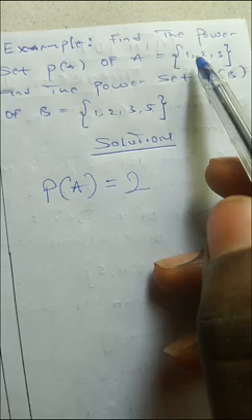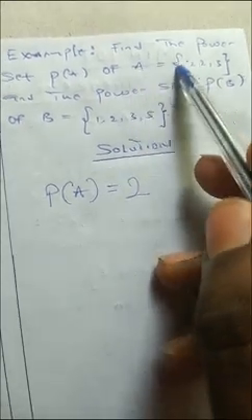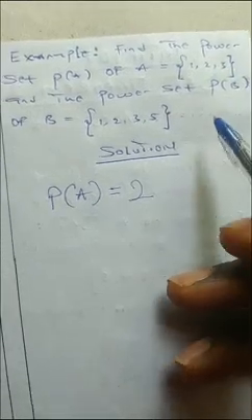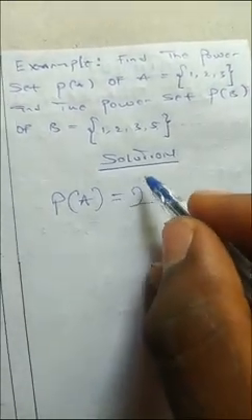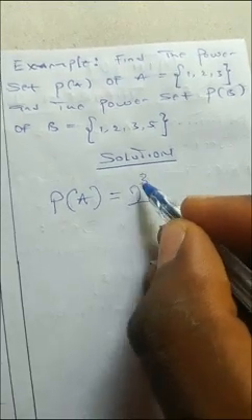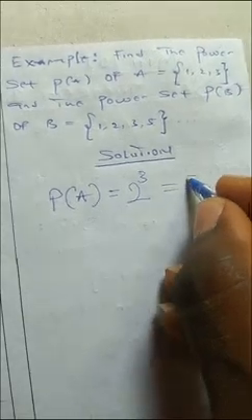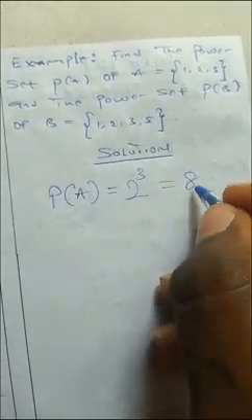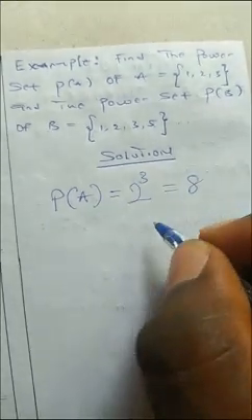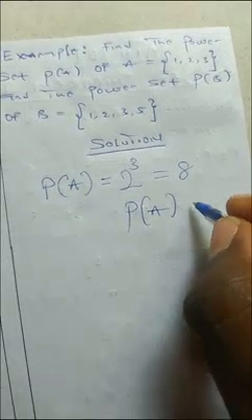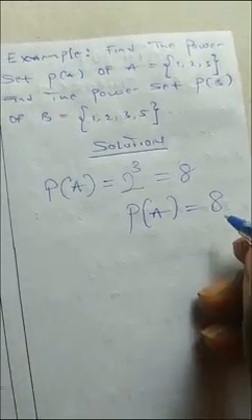We count the number of elements A has: 1, 2, 3. A has 3 elements. So 2 raised to power 3, which gives us 8. That means P(A) is equal to 8.